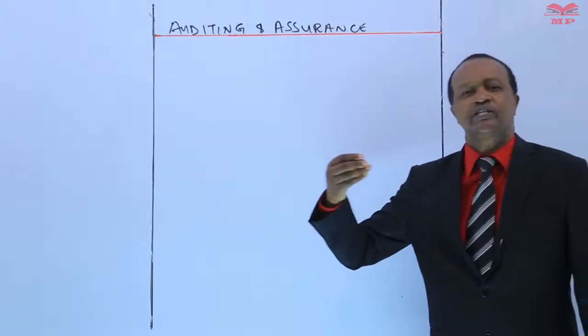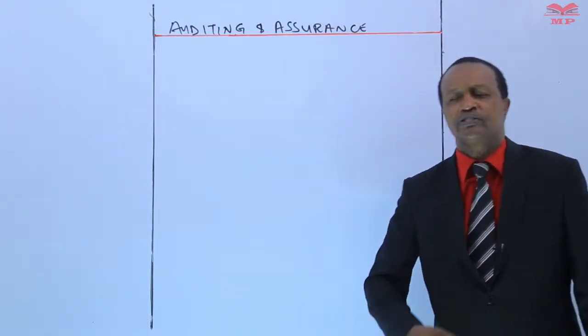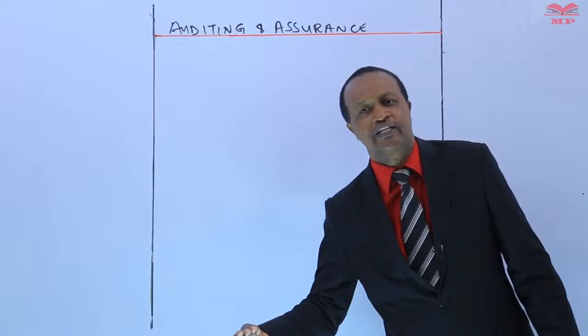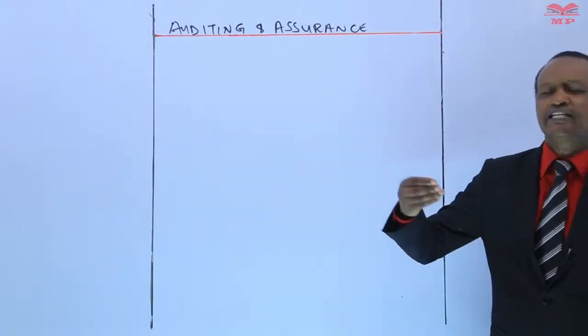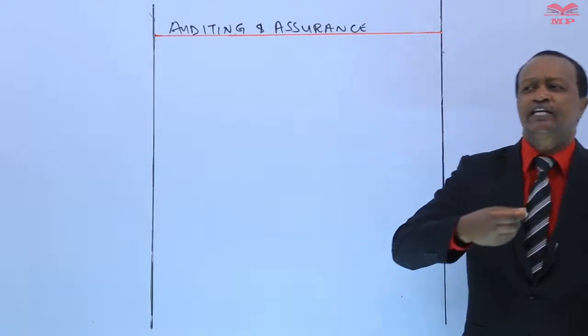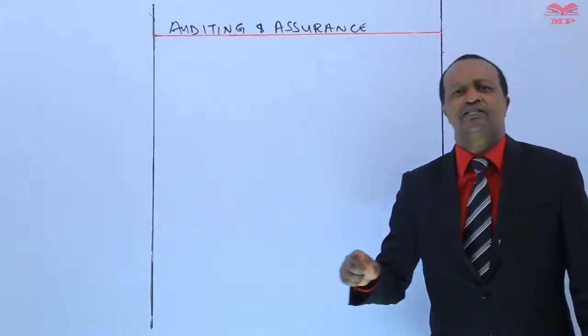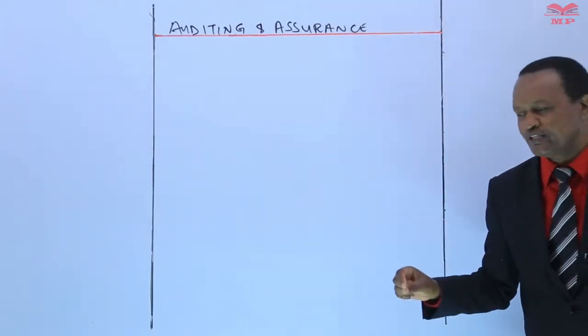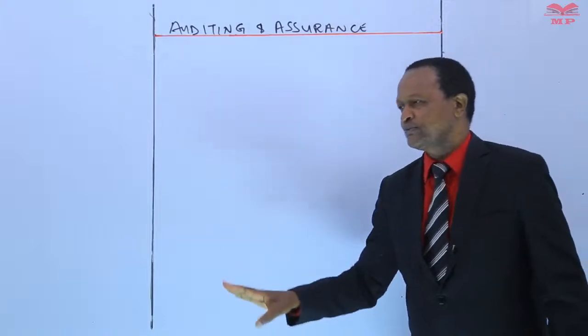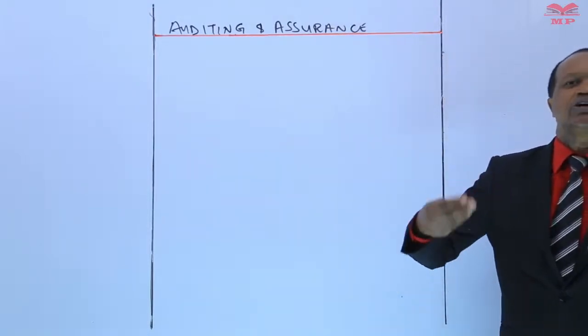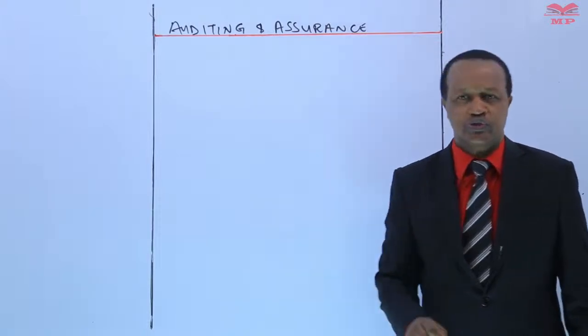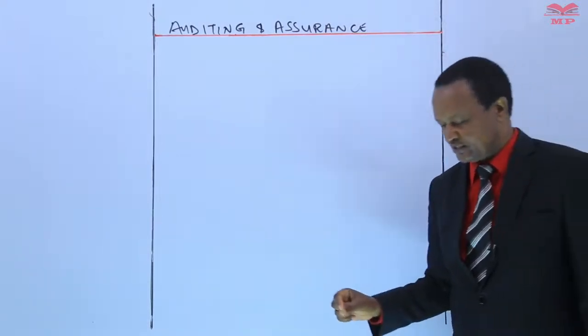That is the accuracy of the financial records, the accuracy of the financial statements. To ascertain their accuracy, to ascertain the fairness, and to ascertain whether the financial statements were prepared in compliance with applicable laws, regulations, and standards.